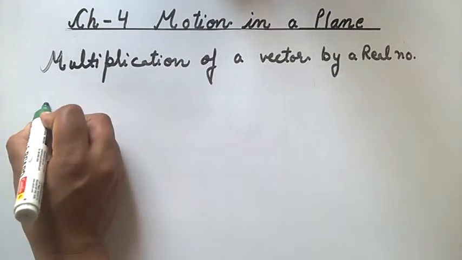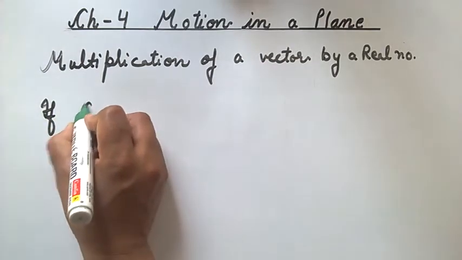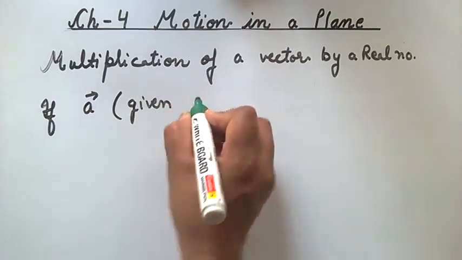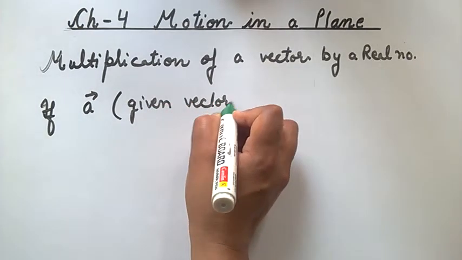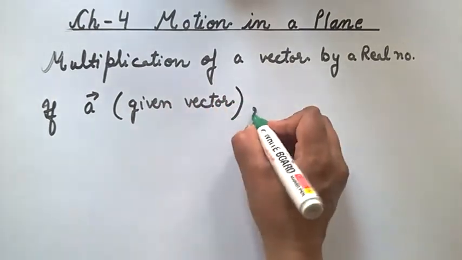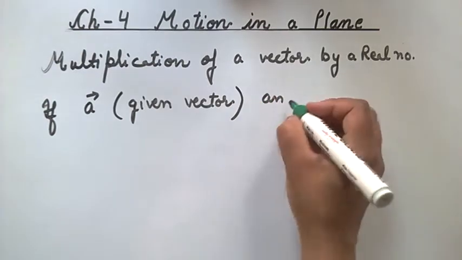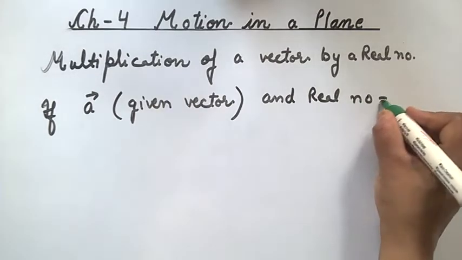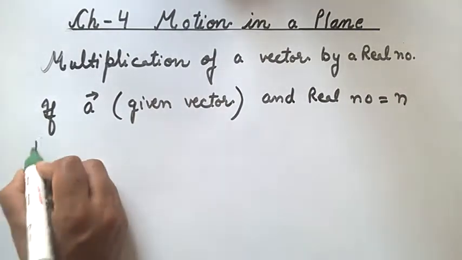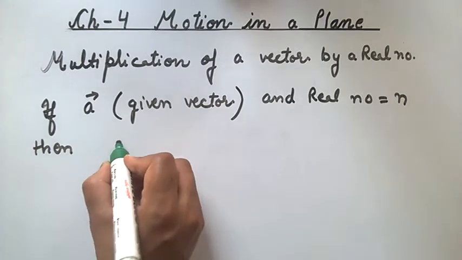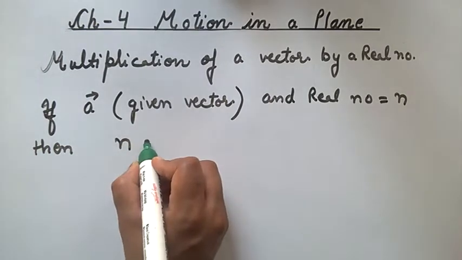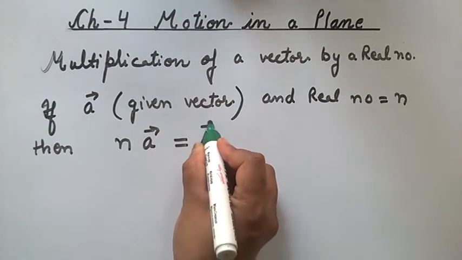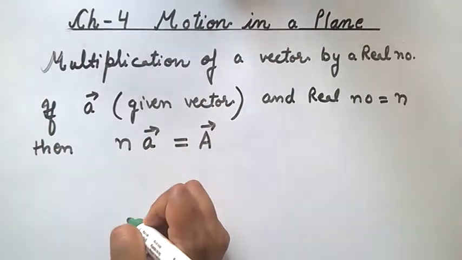So let's see, if small a is a given vector by which we will multiply a real number, and the real number is n, then on multiplying n with a vector will give a new vector which is n times the given vector.